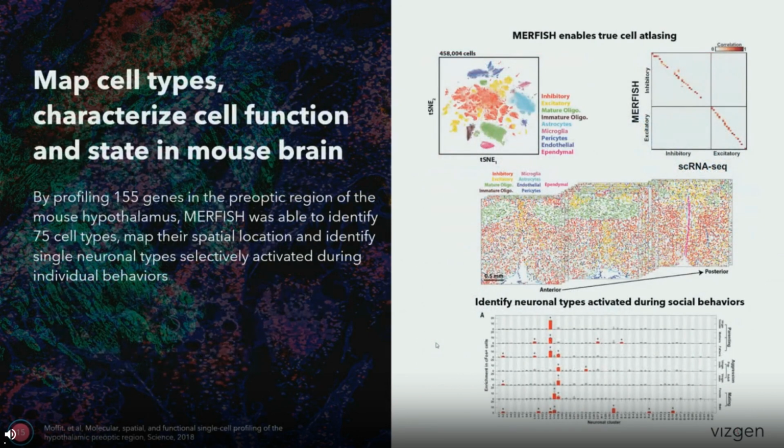In a separate study published in Science back in 2018, MERFISH was used to profile 155 genes for a total of almost 500,000 cells in the mouse hypothalamus region. And the authors were able to identify 75 cell clusters in this brain region. This is shown in the t-SNE plot here.